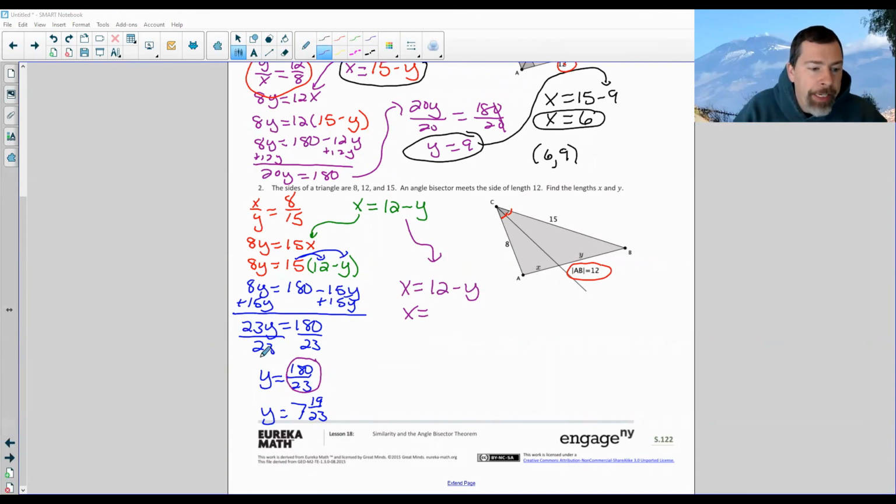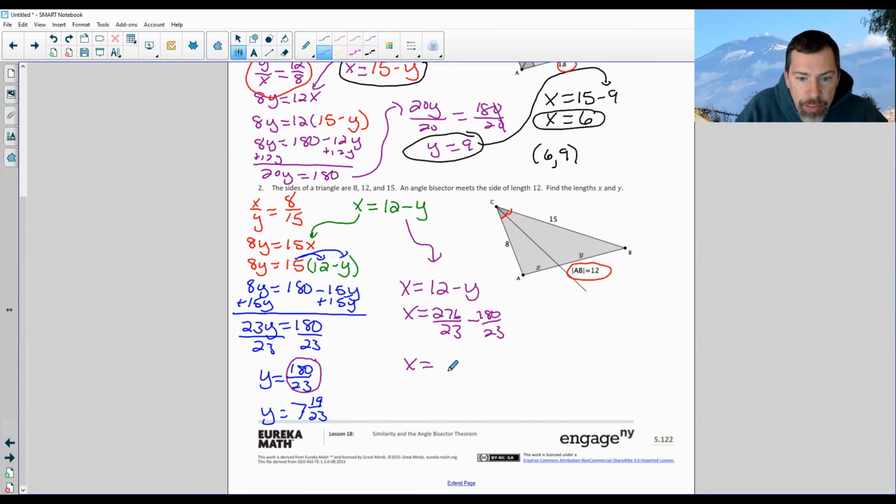So 12 times 23 is 276. So I can represent 12 as 276 23rds, minus our 180 over 23.